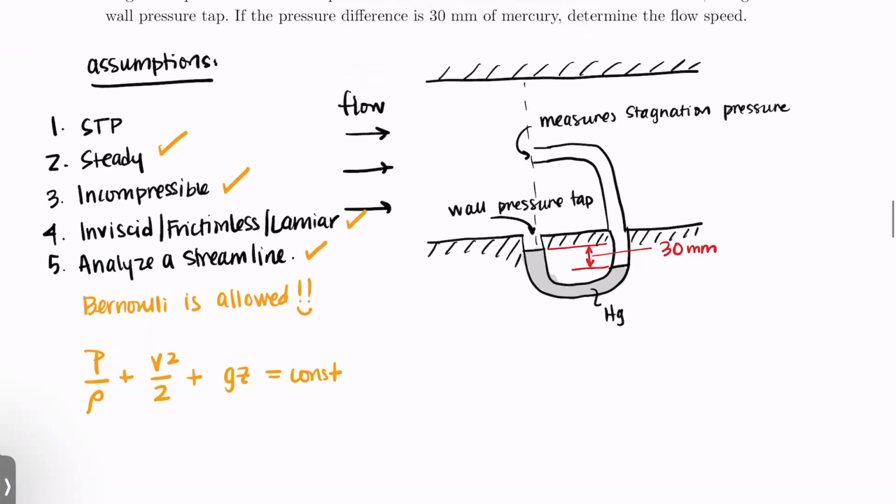And we need 2 points on a streamline to use it. So I'm going to use point 1, and then I'm going to call this point down here point 0. And we know, because we've done it before, when we defined our stagnation pressure, this is a streamline. All right, so we're going to follow our streamline from point 1 to point 0.